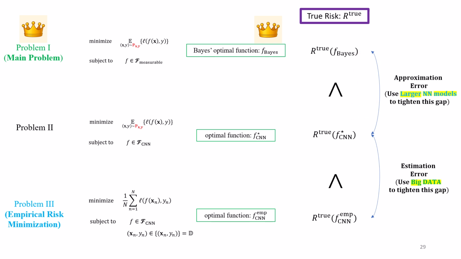This page is just to explain certain ways to tighten the gaps between the problems, which briefly justifies the reason to use large neural networks and large datasets. However, it's still quite important to note that as we use larger and larger neural networks, we have a risk of enlarging this gap.